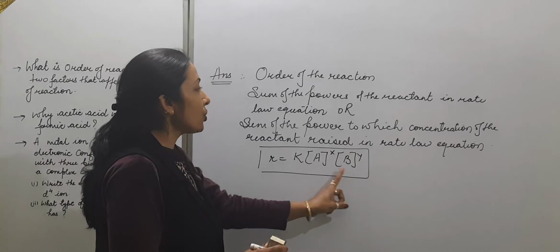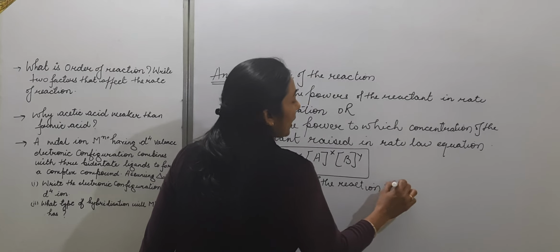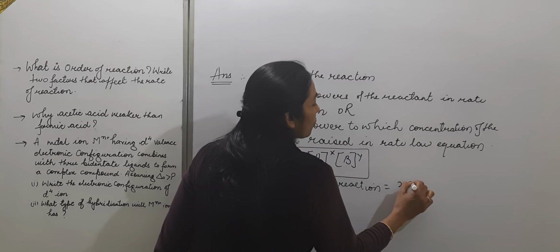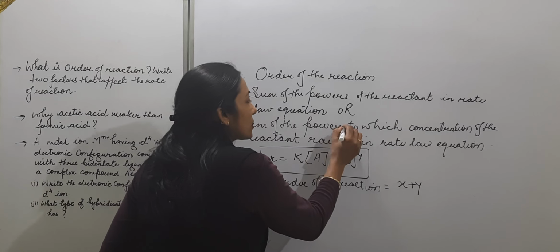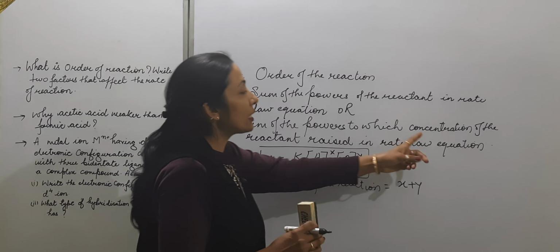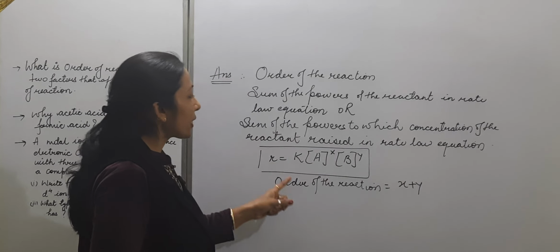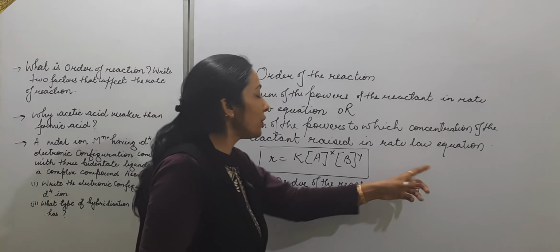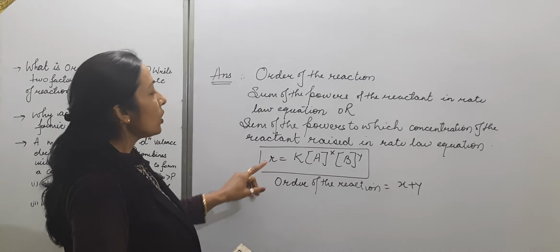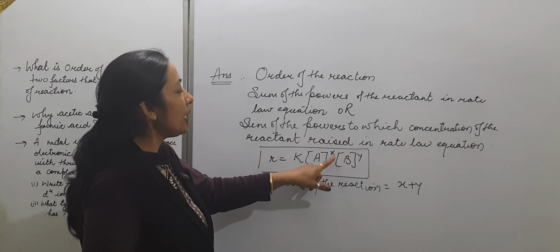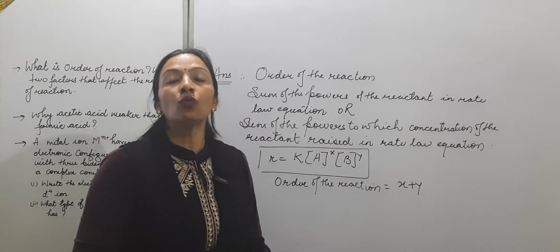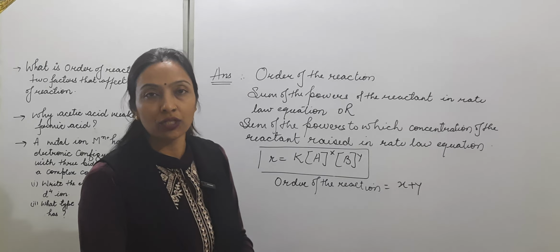Order of the reaction क्या है यहाँ पे? That is x plus y. I wrote sum of the powers to which the concentration of the reactant is raised in a rate law equation. ये rate law equation है, reactant की concentration है, वो जो रेज की गई है उनका जो सम है, that is known as order of the reaction.